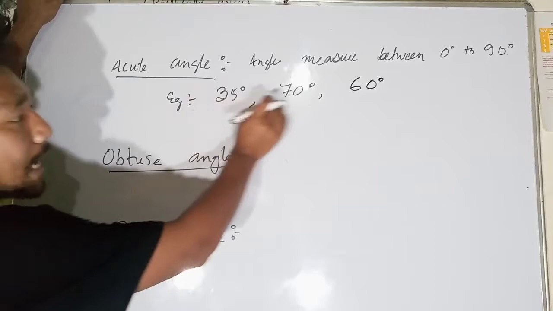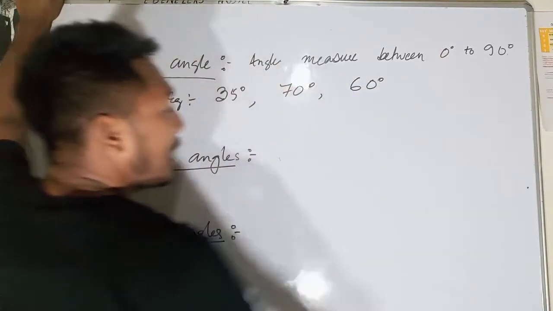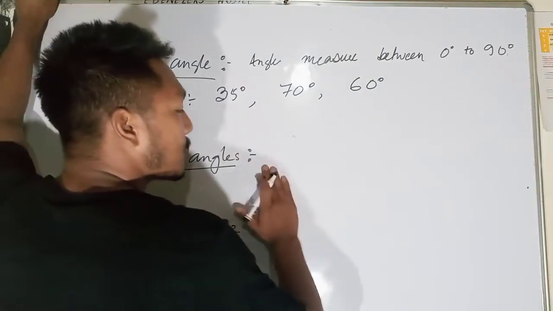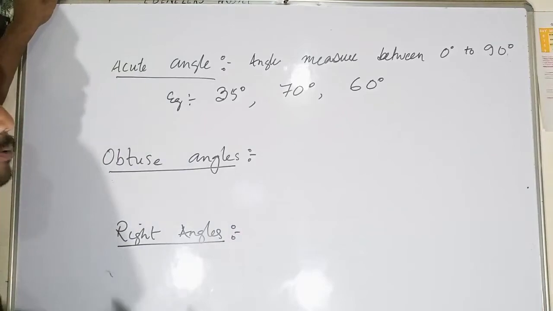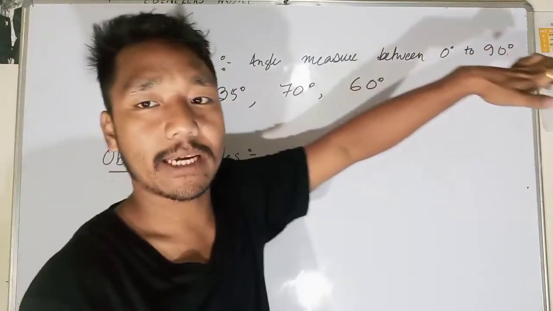Why? All these angles lie between 0 and 90 degrees. Such types of angles are what we consider to be acute angles.